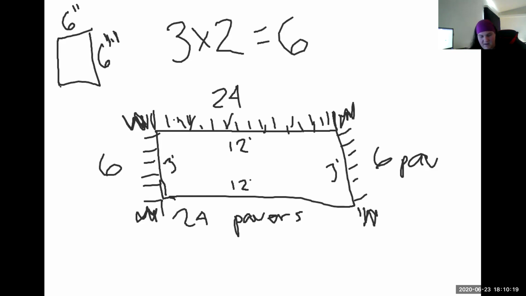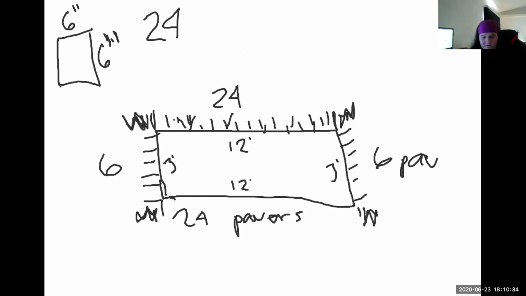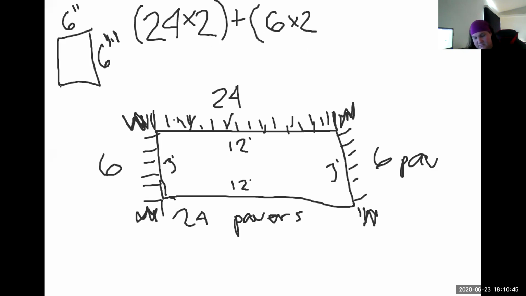So, how we break this down is we need to have 24 times 2 plus 6 times 2 plus 4.